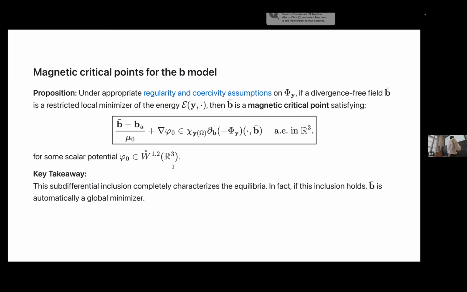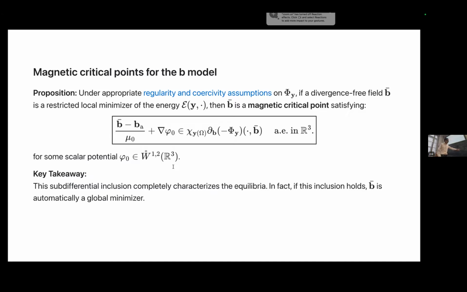In order to do this minimization, you can incorporate this constraint using the indicator function of the constraint itself. So a function that is plus infinity when the divergence of B constraint is not satisfied, and is zero when it is satisfied. So you add the indicator function to this original energy.